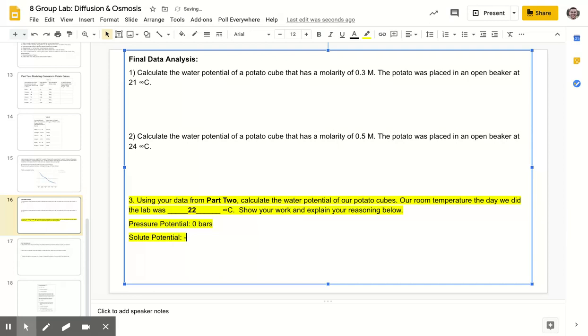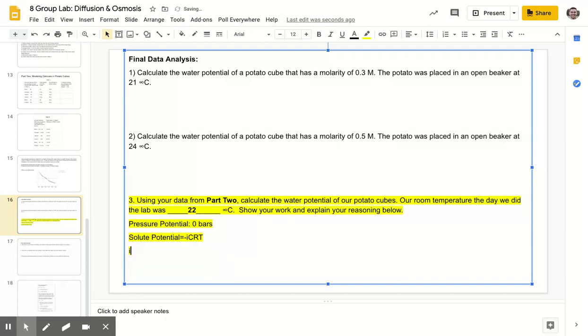And we know that it's equal to negative iCRT. So if we can find our solute potential for the potato cubes, then we can determine our water potential. From that equation, what do we know based on the context of this experiment?